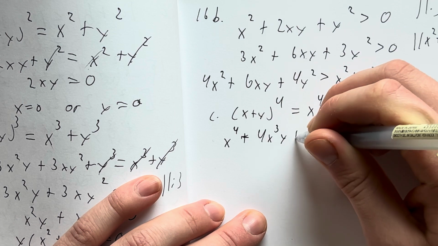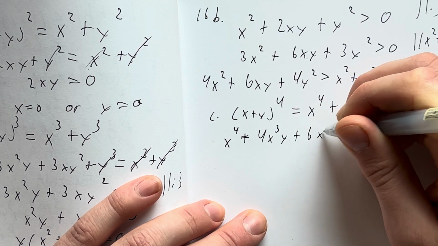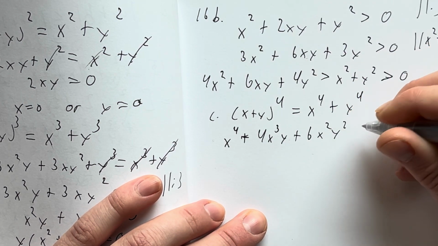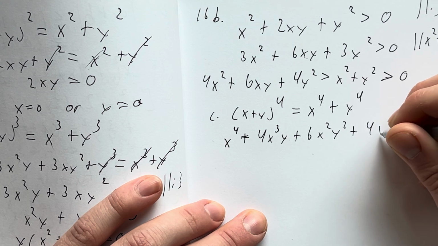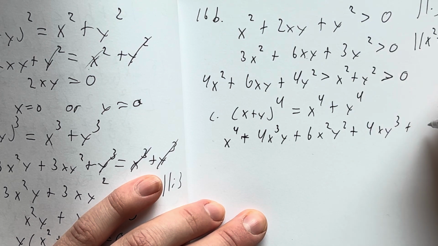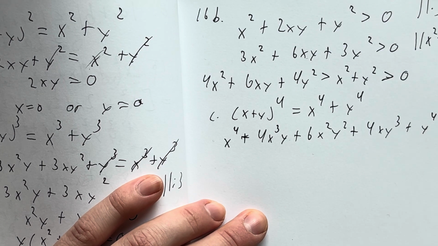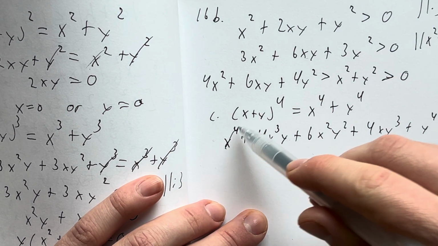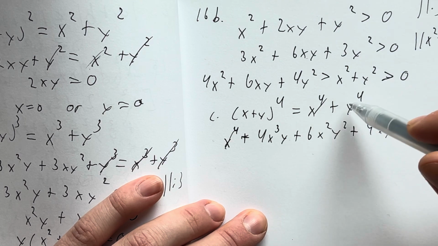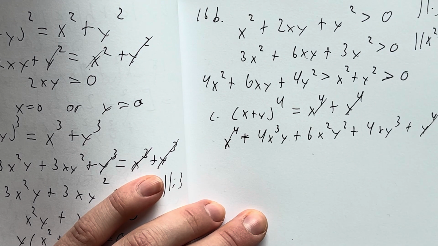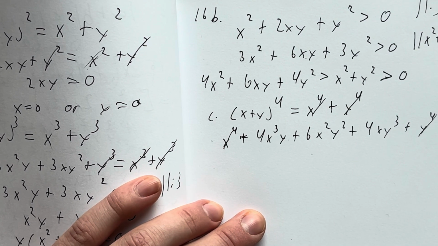Well, x^4 + 4x^3 y + 6x^2 y^2 + 4xy^3 + y^4. Again, these cancel out with the things from the right hand side of the equality.